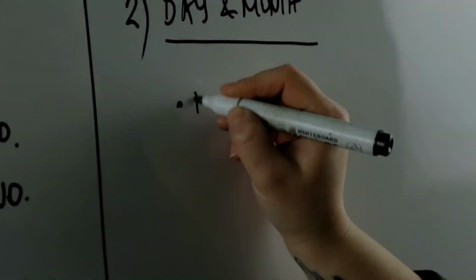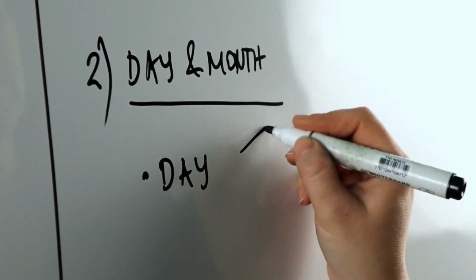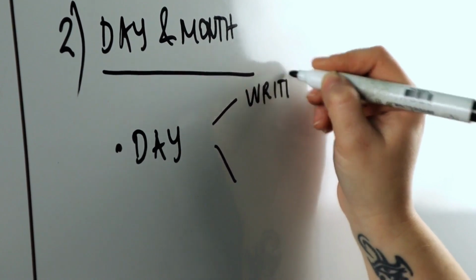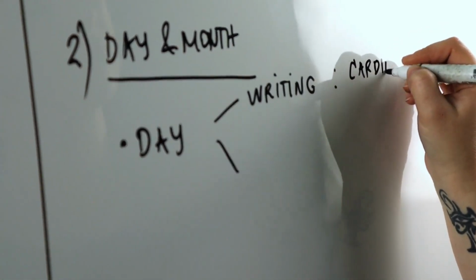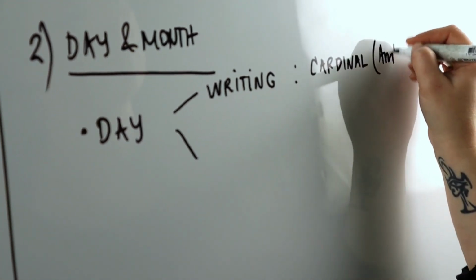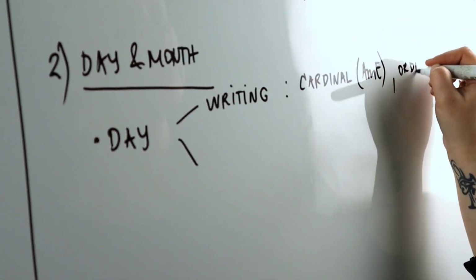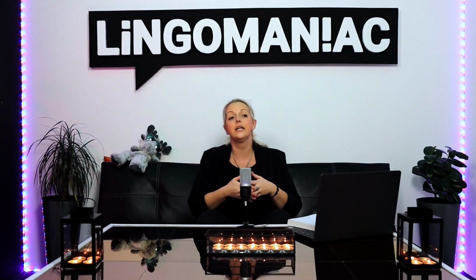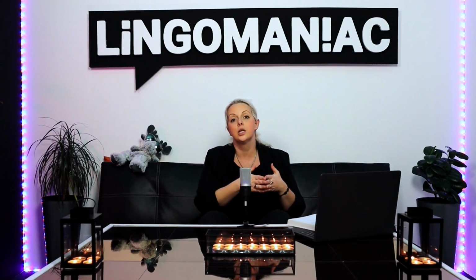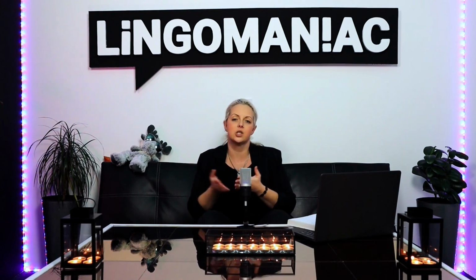Now, for marking the day, in the English language you can use both cardinal and ordinal numbers, but ordinal numbers are rarely used. Where you will find them most is actually in the British dialect of the English language.